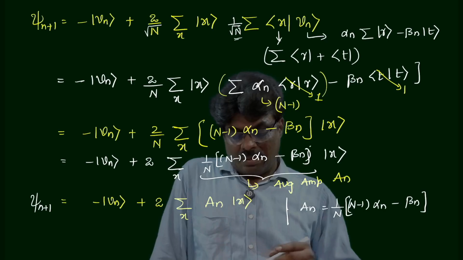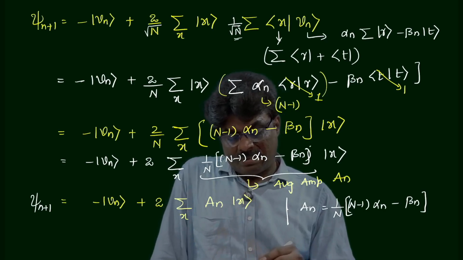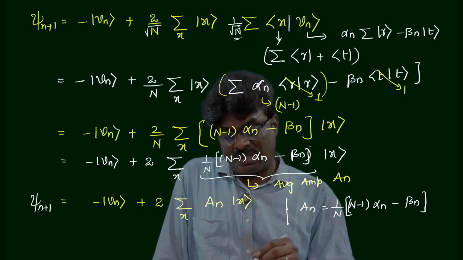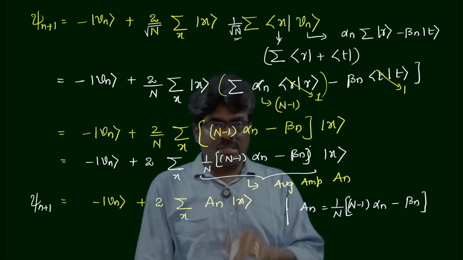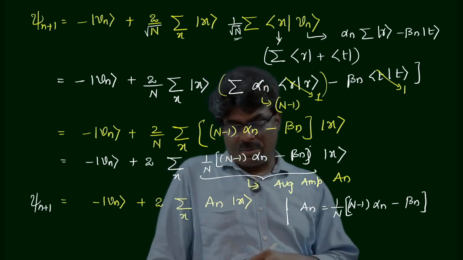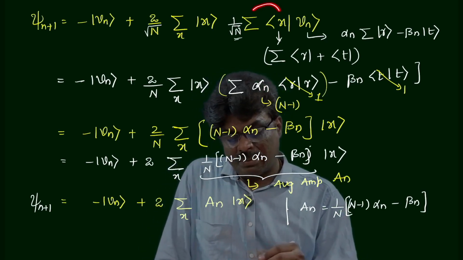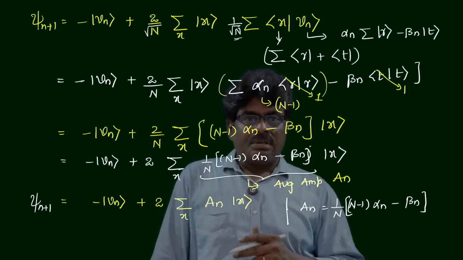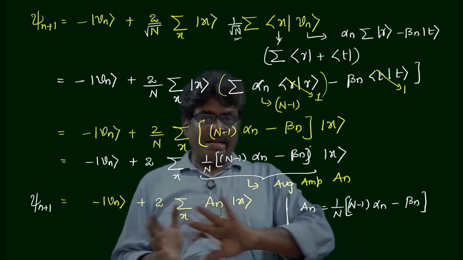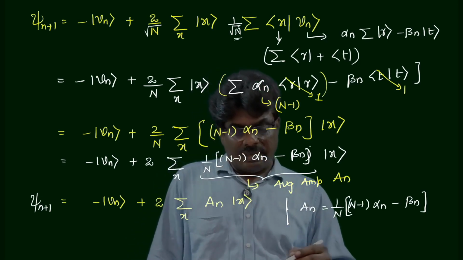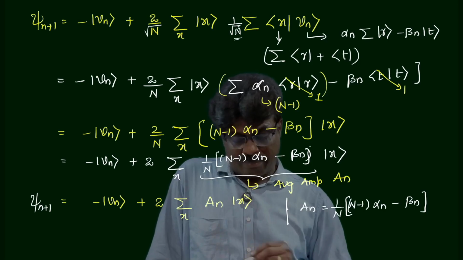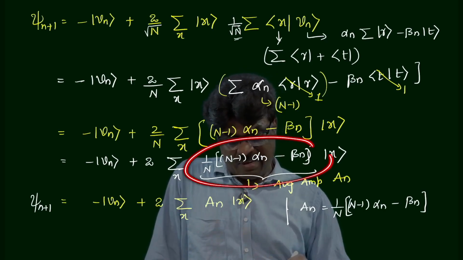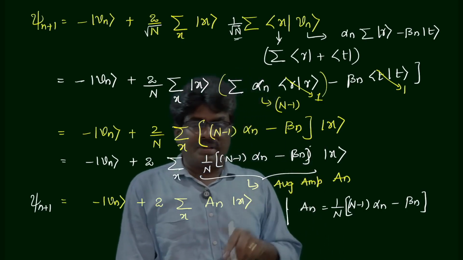So once you have taken this summation, don't get confused with these two summations. Both the summations are the same, no need to worry about that, because the summation is related to this X only. We are just splitting that into remaining and target states. That's it. And some small inner product is there. And finally, we got this amplitude. This is the average amplitude after n number of iterations.